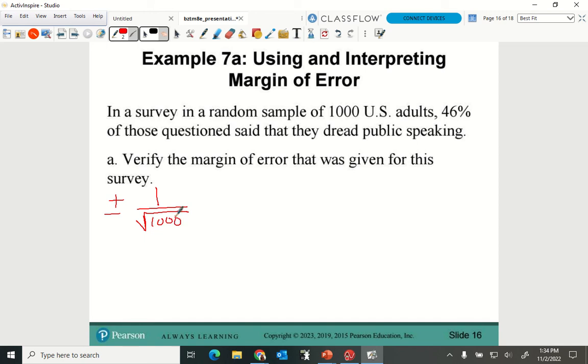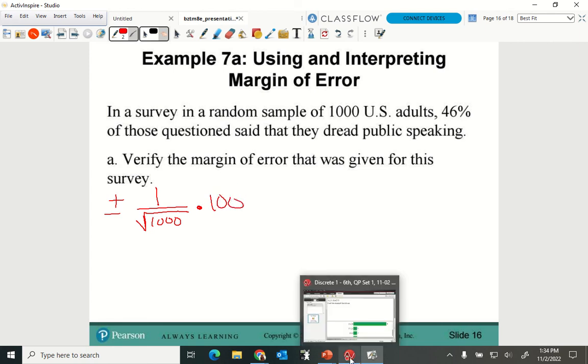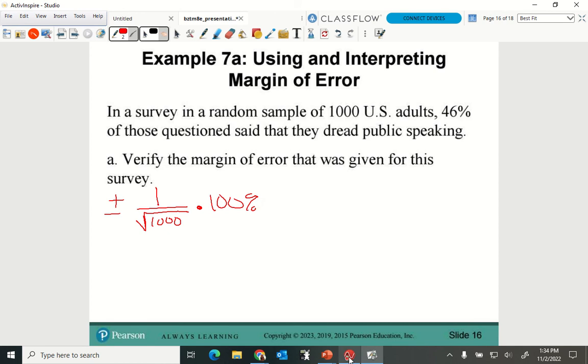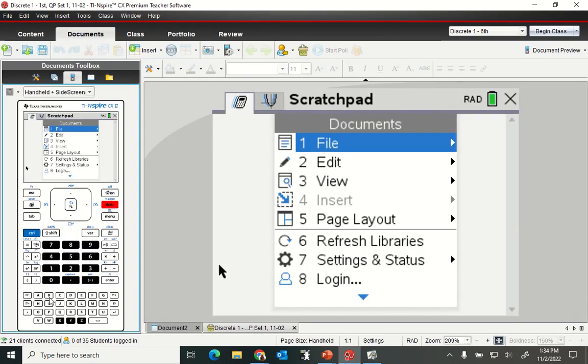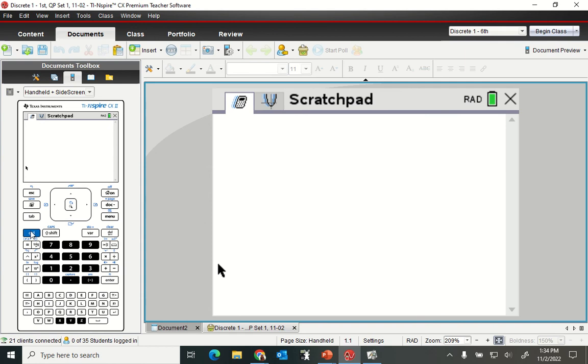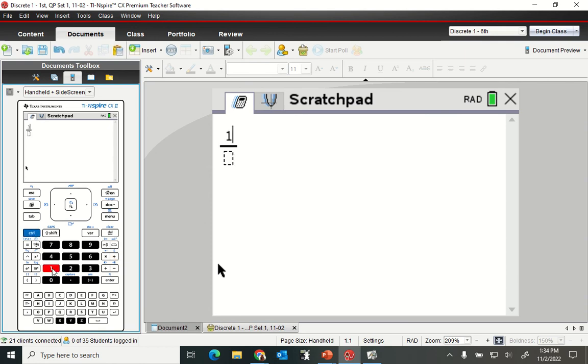Yes? And we're going to take that and times what? 100%. So it's going to give me my percent. So control, divide 1 over the square root of 1,000. You notice I'm not doing the plus or minus.